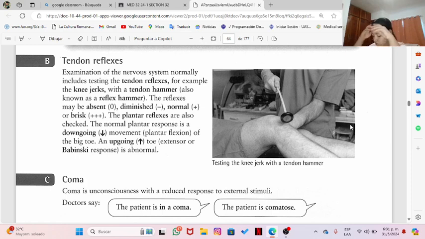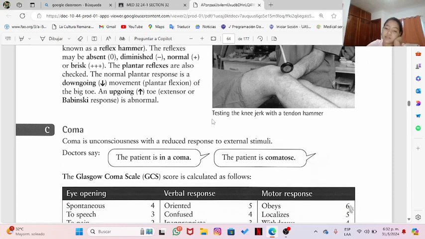The plantar reflexes are also checked. The normal plantar response is a downgoing movement of the big toe, and an upgoing toe, extensor or Babinski response, is abnormal. Okay, testing the knee jerk with a tendon hammer.